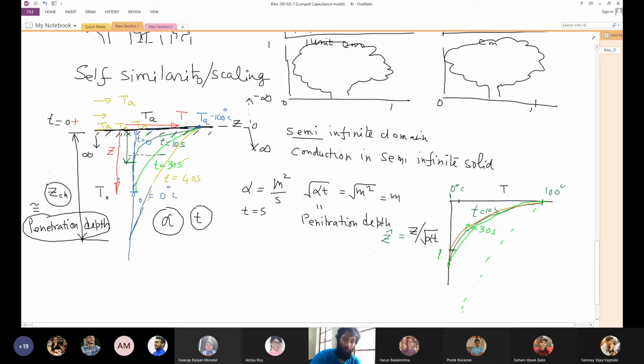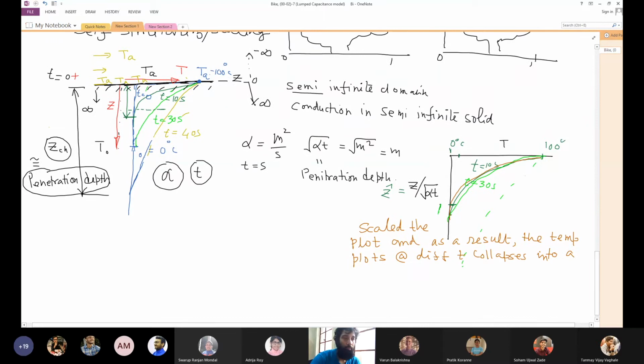Okay, so we have scaled the plot, and as a result the temperature plots at different t collapse into a single curve.